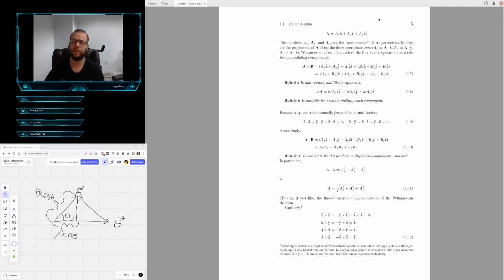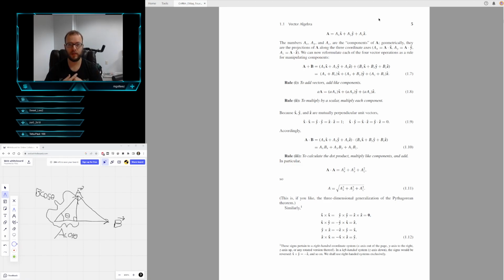Well, you add up their components. So a plus b is equal to the three components of a plus the three components of b. And you can only add like components together. So all of the x hat terms get added together, all the y hat terms get added together, and all the z hat terms get added together.